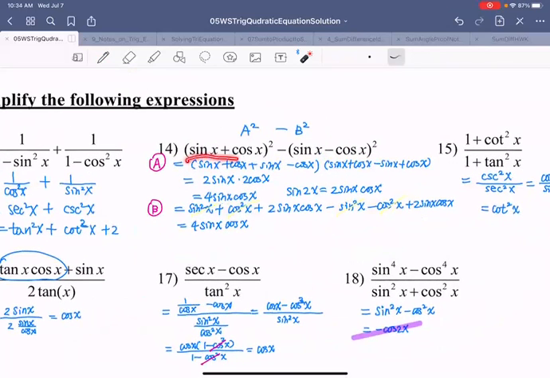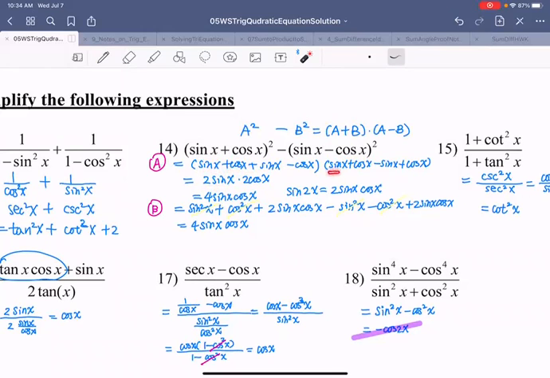For question 14, there are two different ways to do this. You can use this formula: A squared minus B squared equals A plus B times A minus B. This is A, this is B. So in A plus B, cosine x cancels, leaving 2 times sine x.